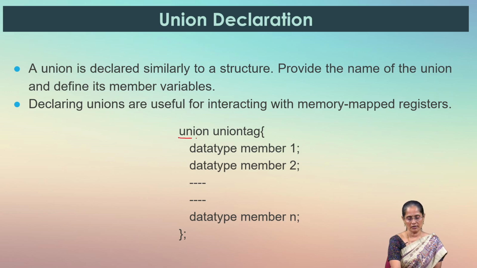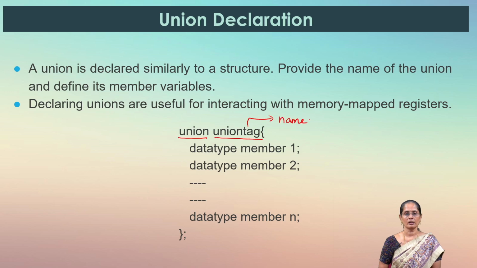I use the keyword union, then a user defined name, which is actually the name of the union. Then we can go ahead with declaring the members with the data type, and similar to structure, end the union with closing curly braces and a semicolon.